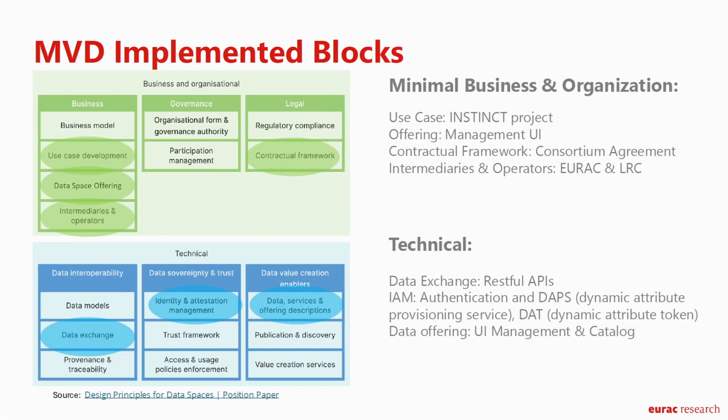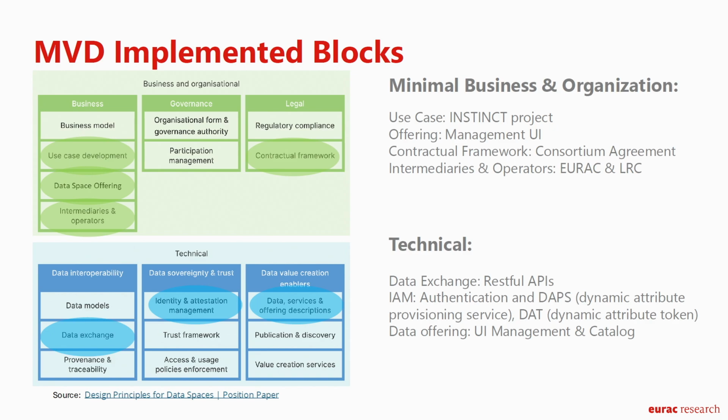Here you can see that we highlighted in the same schema that you saw before just some components, because these are the components that we set up in our project right now. So 4 components for the first group, the business and organization, where we clarify the role of each partner.